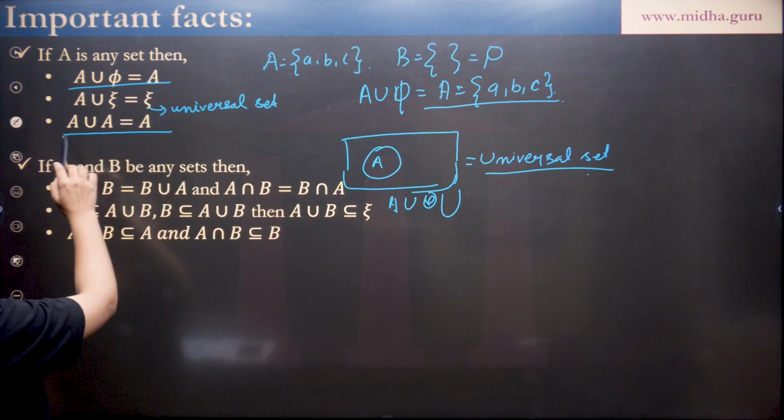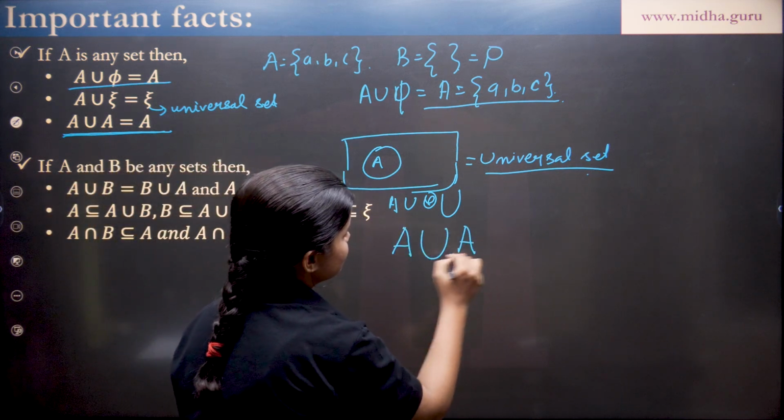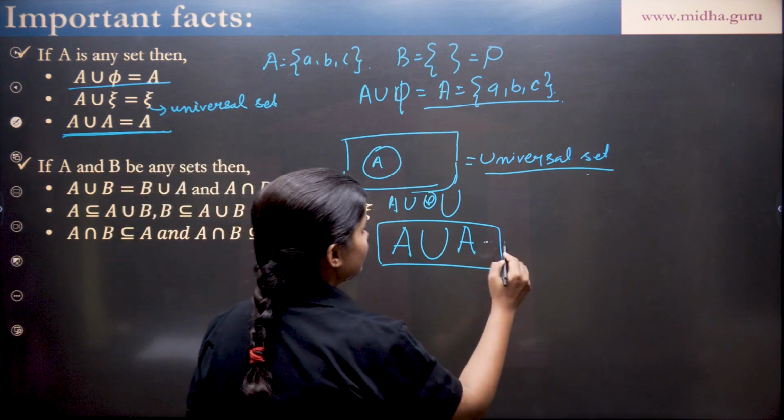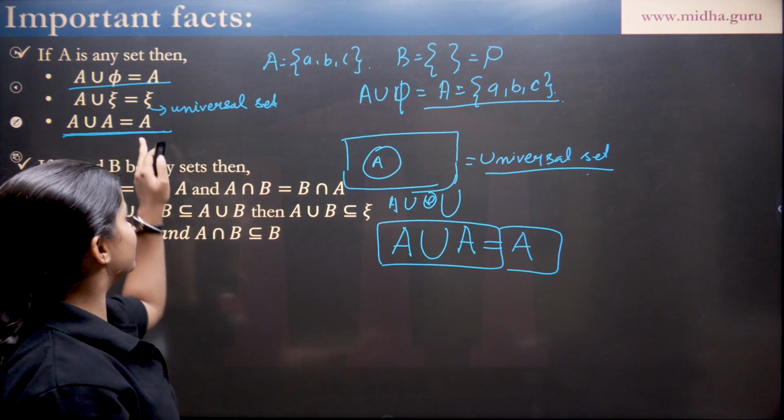Next is A union A is A. Obviously, if you union any two sets which are the same, A union A, then it is always equal to A. Okay, so A union A is A.